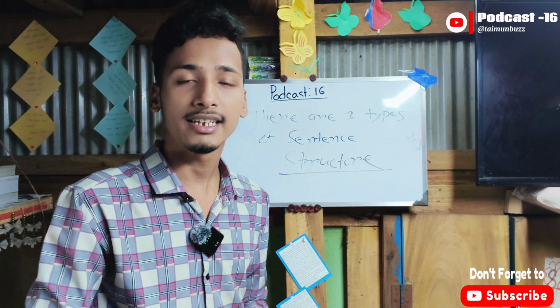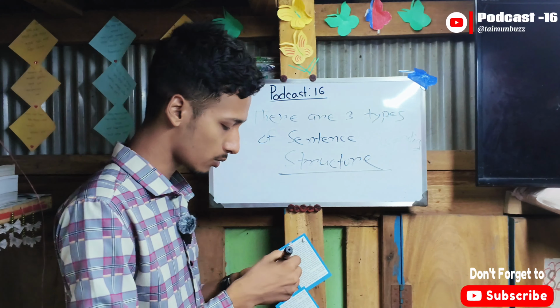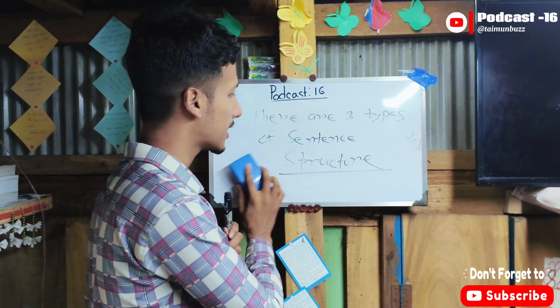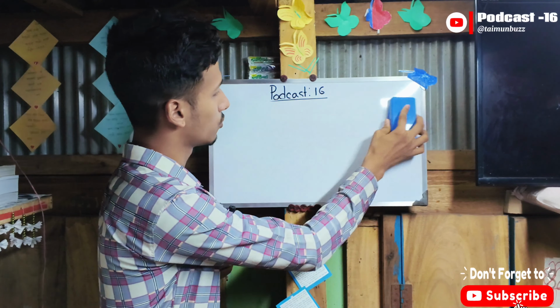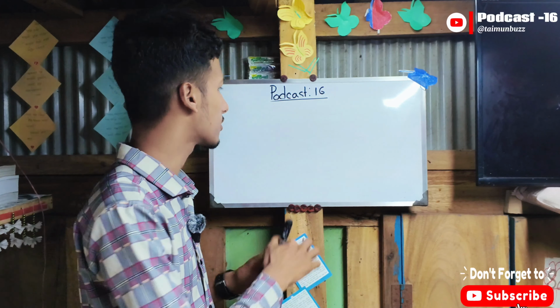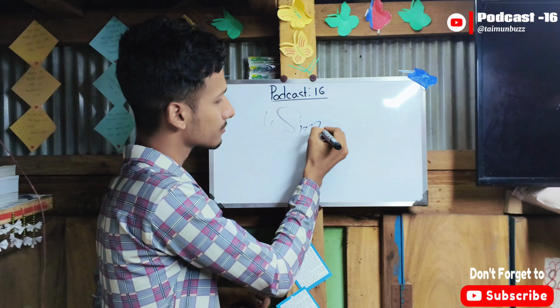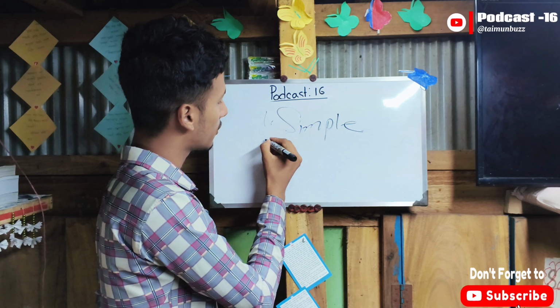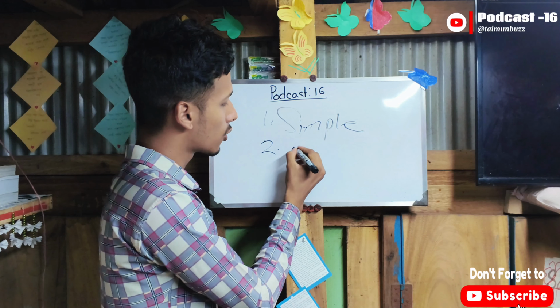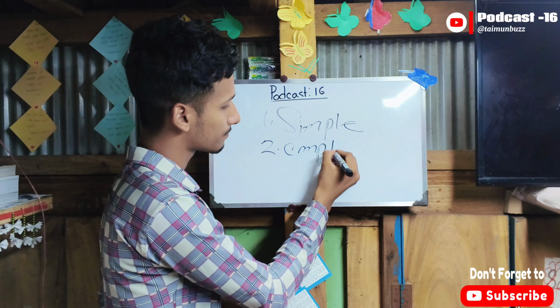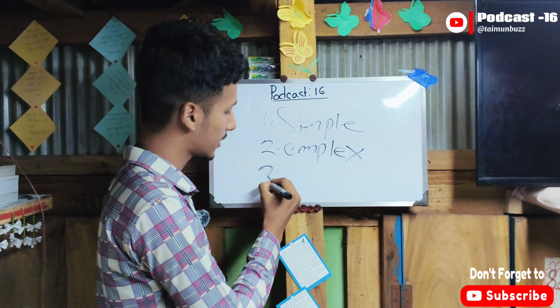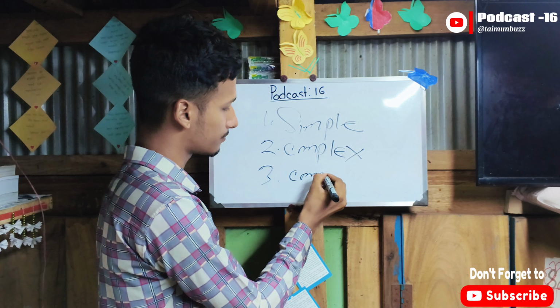How many will you say? Three. Let me write it and clean this board to write the sentences. Number one is simple, number two is complex, and number three is compound.